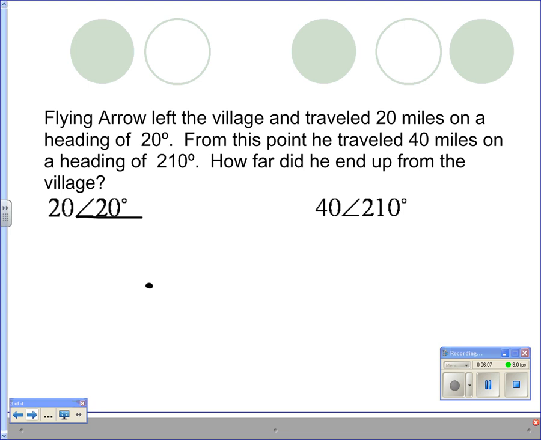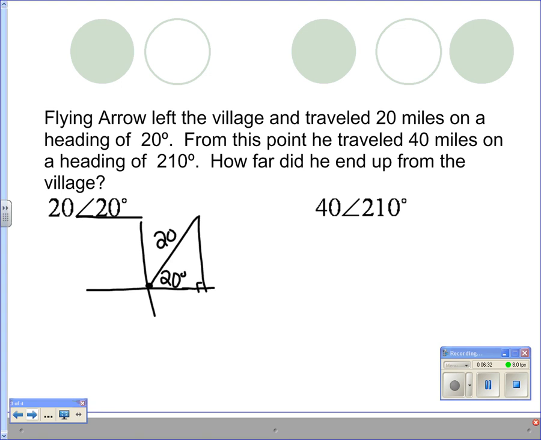So if he starts here, we're just going to make that our origin. And where is 20 degrees? He's just going to go this way. Does that make sense? Obviously, that's not really 20 degrees. It's just somewhere in the first quadrant.